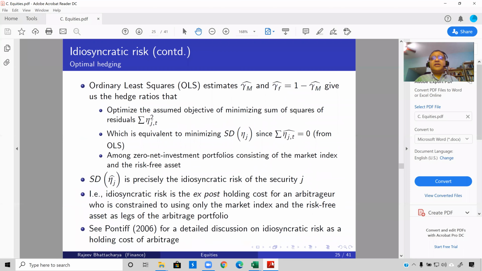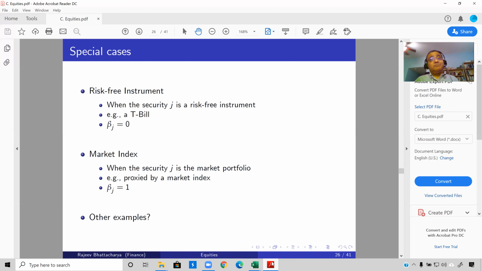Some of this stuff comes from my own research that's available on Blackboard. I think it's very important. I think it's very interesting. It matters a lot, especially when it comes to market efficiency.